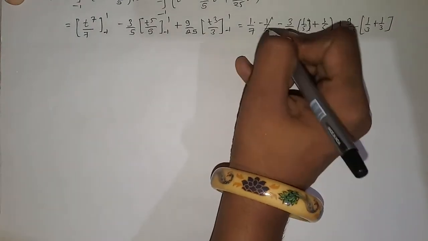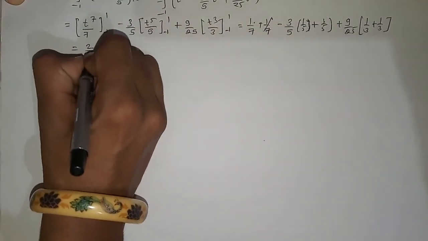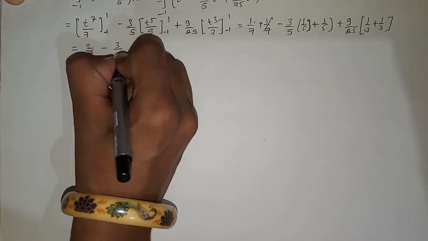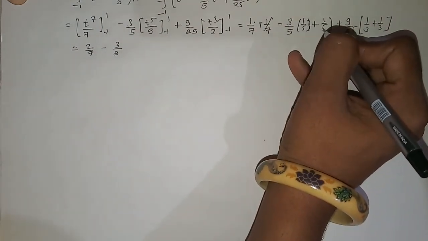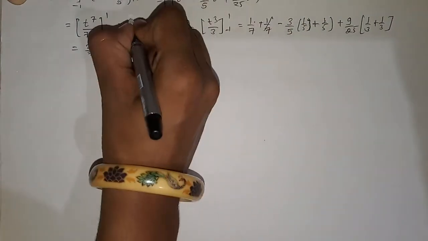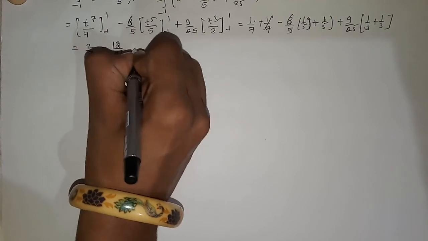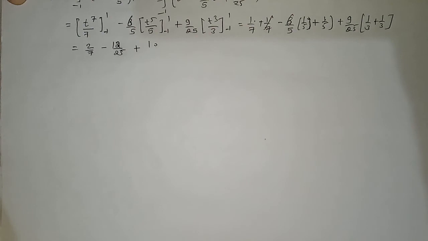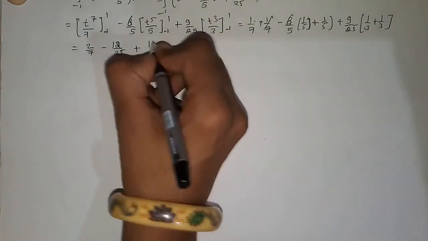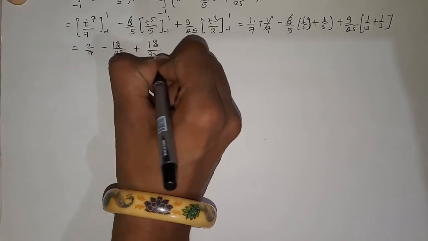So this, okay, 1 by 7 plus 1 by 7. So this becomes 2 by 7 minus 3 by 5 into 2 by 5, and here it is 2. Okay, this is 3 into 6, so 6, here also 6. So 6 into 2 is 12 by 25 plus 9 into 2 is 18 upon 3 into 25.